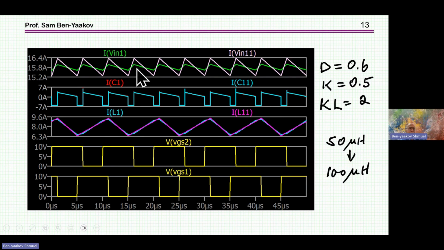You see the green is the coupled one, and the ripple at the input is almost half that of the output. So of course I could have decided that I want these ripples to be the same, and this will of course change the situation, and then these ripples will not be exactly the same. Okay, so this is something I can play with.